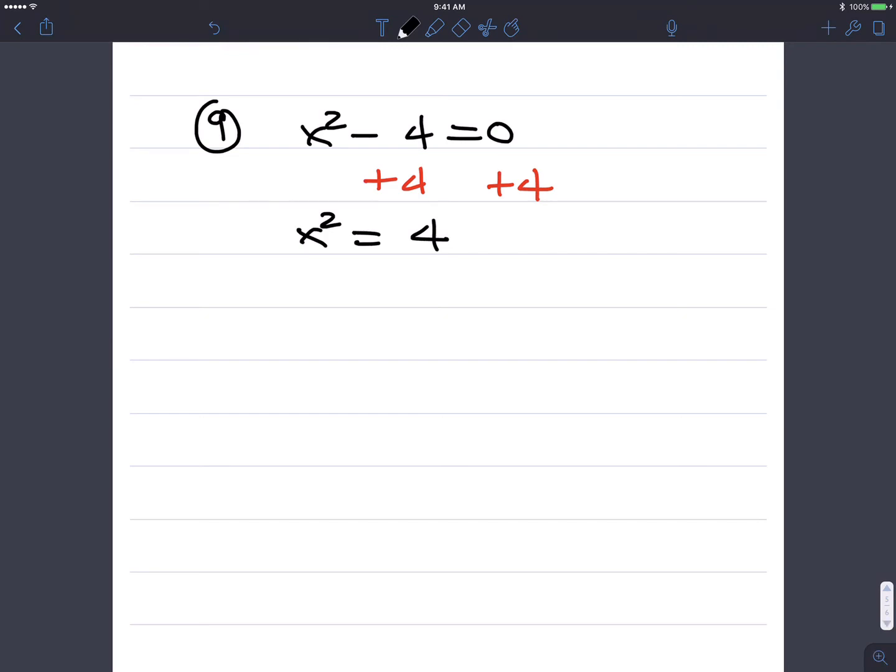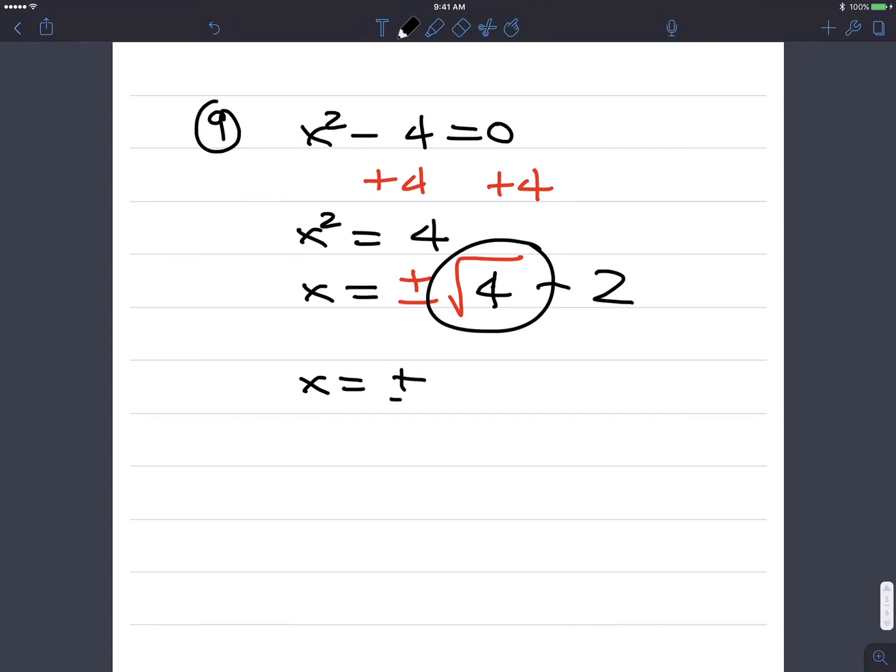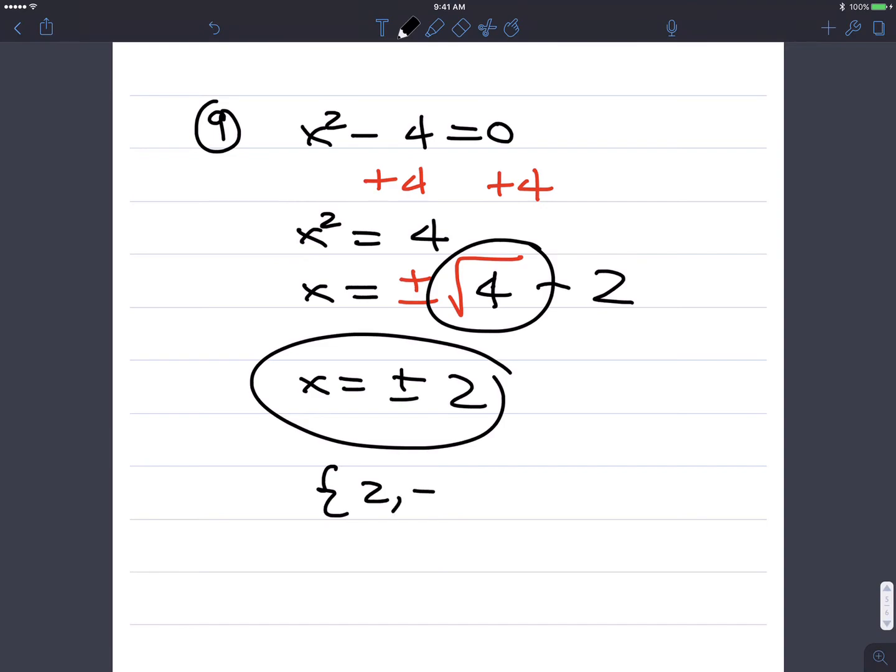Now we could use the square root formula, and x becomes plus or minus the square root of positive 4. The square root of 4 is 2. So x will be plus or minus 2. Solution set form, positive 2, negative 2.